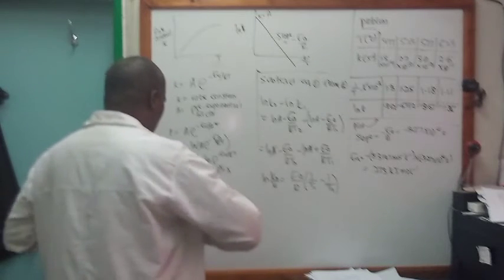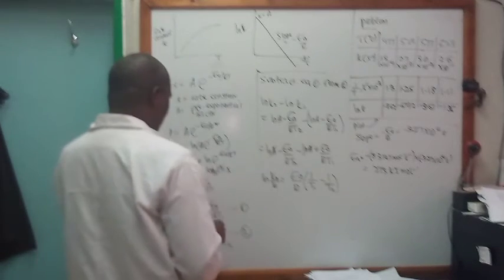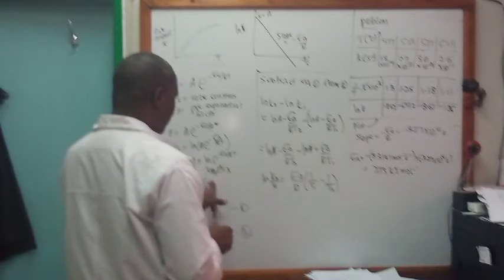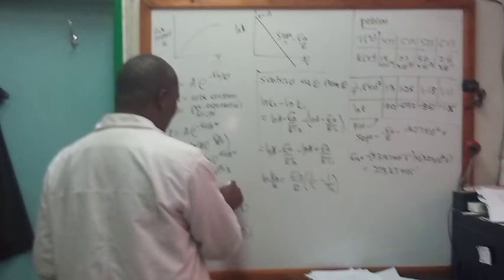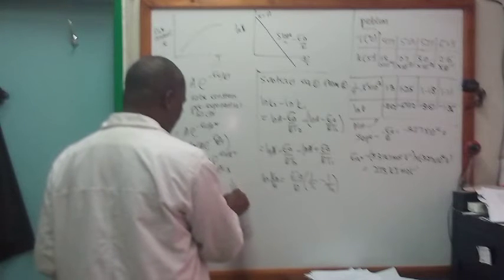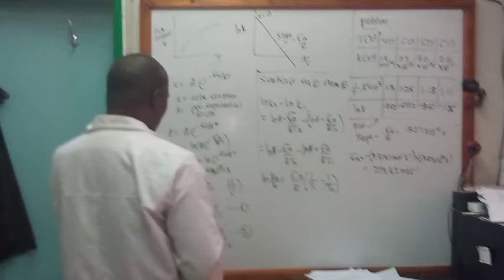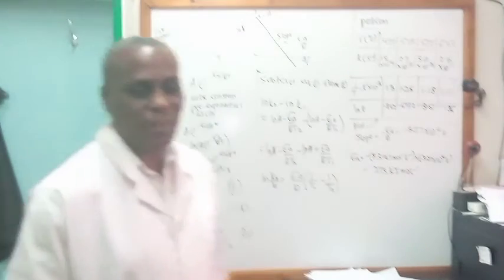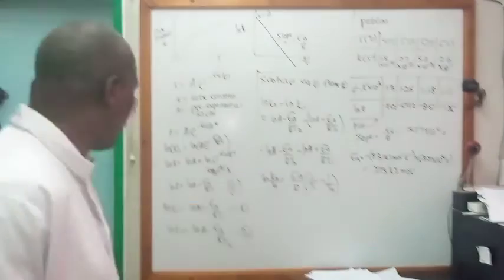So in this case, the gradient will be negative, minus EA over R, and the x-axis is going to be 1 over t. I'm sorry for that. And then the y-axis will be log base e, the natural log.